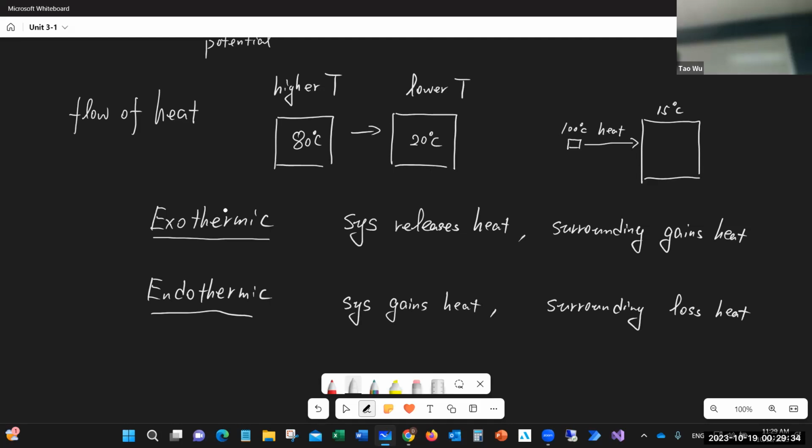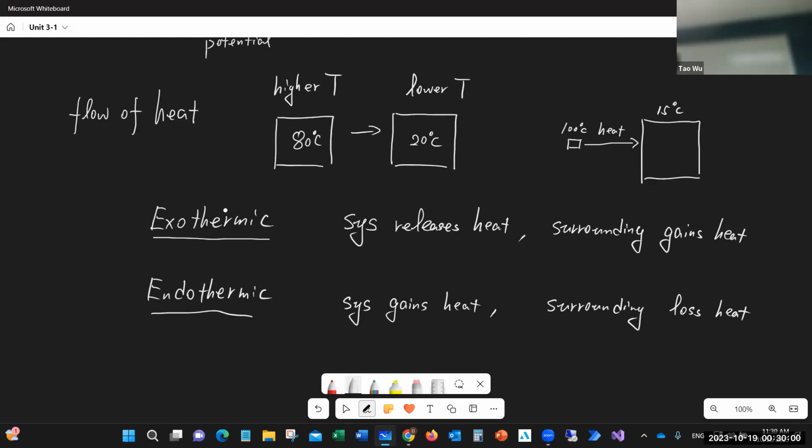But if you think of this room other than your body as the system, then the system is an endothermic process, because it is constantly receiving the heat from your body, right?